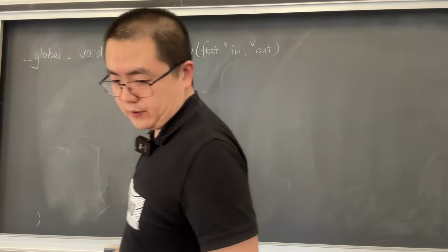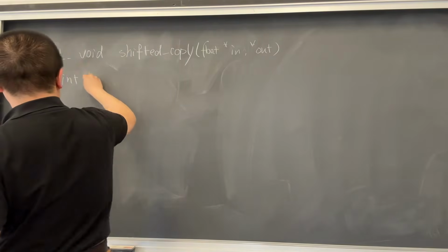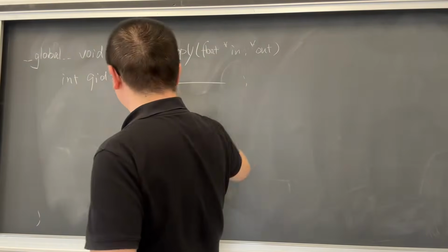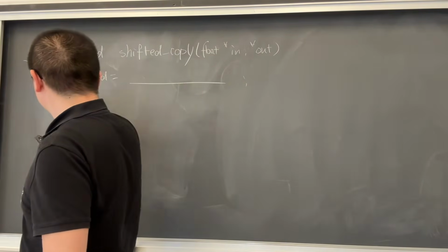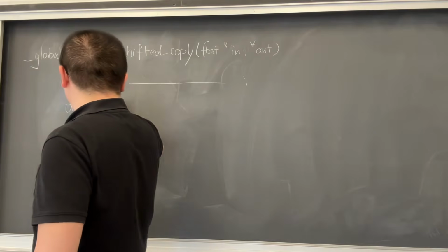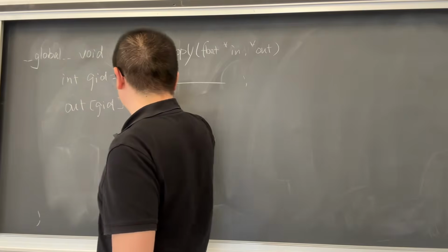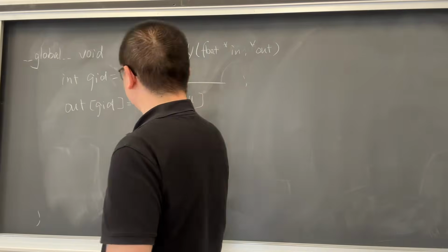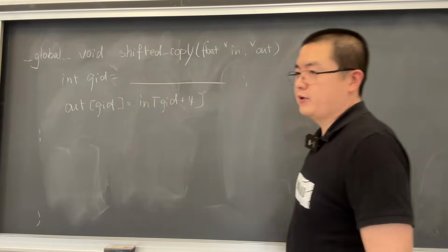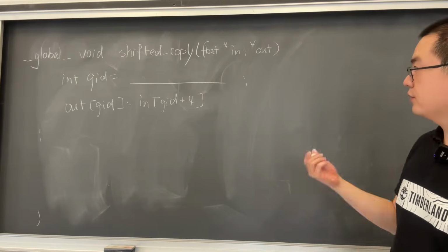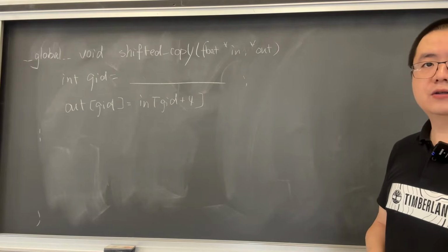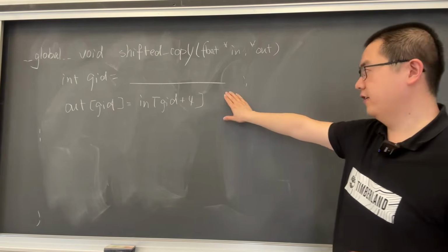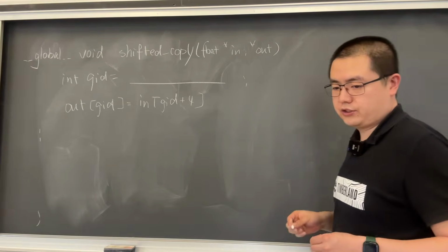It's super simple: int gid equals the thing that we wrote before. Then out[gid] equals in[gid] plus 4. The smallest program, right? So I just want to show you how this program is compiled into GPU assembly and what the GPU assembly looks like. It doesn't have a safeguard here, so we just show the compilation.